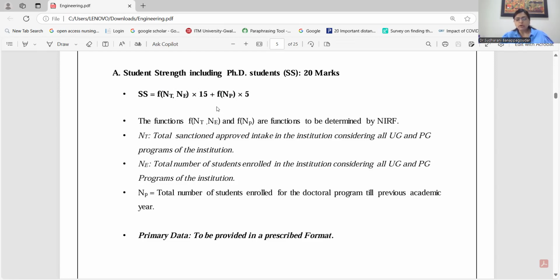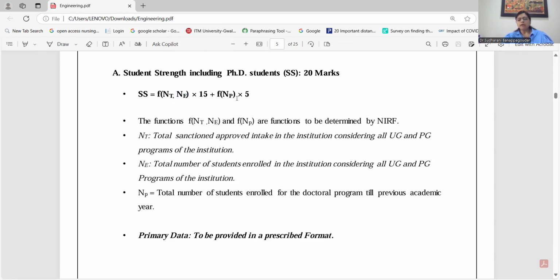Now, let us take one more example. Let us assume that NT is 200 and NE is 250. We are having more students than the approved intake. Let us assume it.